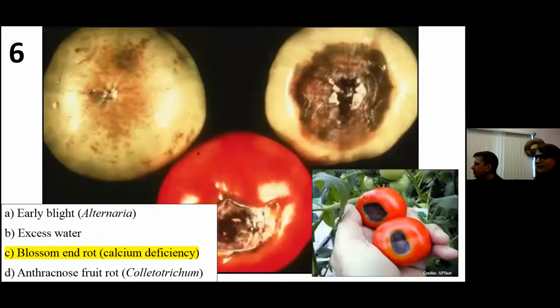Number 6, that was the blossom end rot, and that's actually caused by a calcium deficiency. And most of you got it right as well. Some of you also mentioned anthracnose fruit rot, which I can see why, because the symptoms sometimes are very similar. But if we look closely, if it was a disease caused by a pathogen such as Colletotrichum, we would see signs of the fungus on top of the symptoms here.